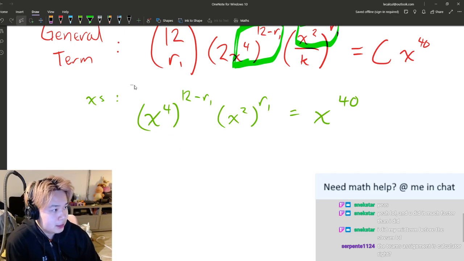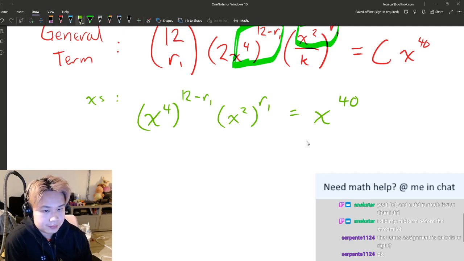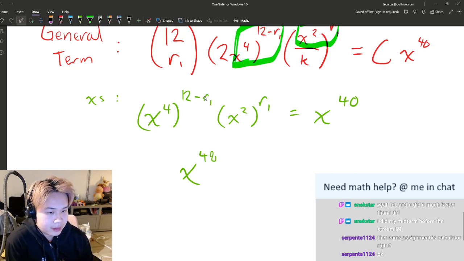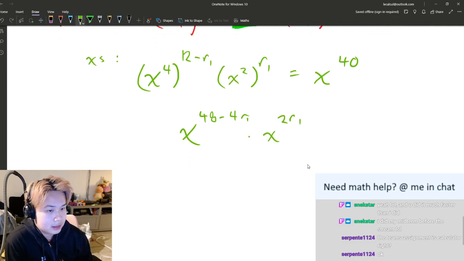Okay, so all we need to do is use our exponent rules and combine these all together. So I need to multiply 4 with 12 minus r, so this becomes 48 minus 4r. And then likewise, the 2 multiplies with the r1, and then these add together.